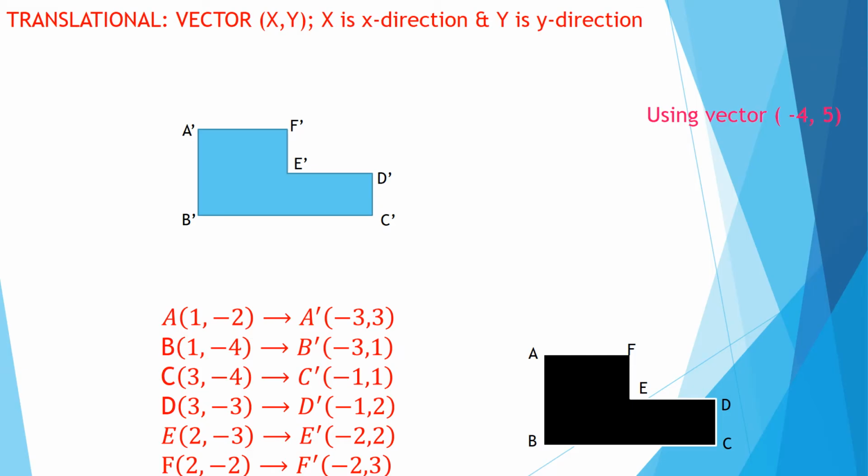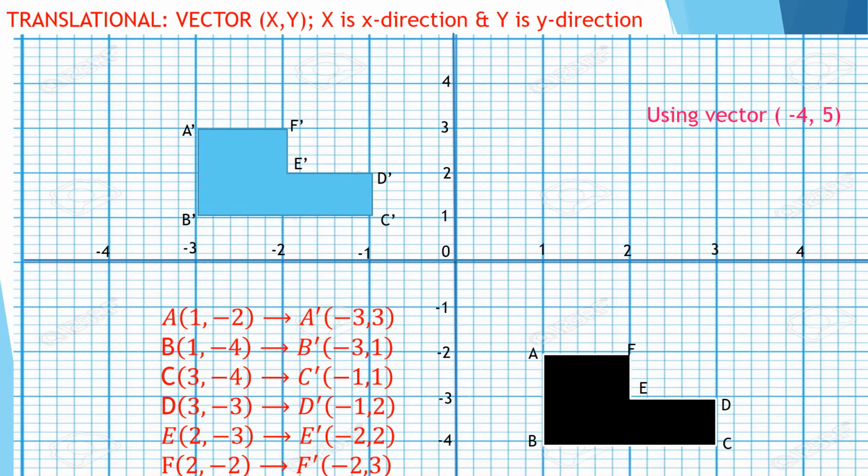Okay, here we have translation, and I have my images. So this is what we are going to do now. I want you to pay attention here, please. We are using vector minus 4, 5, and here is my object. I have a polygon A, B, C, D, E, F. So let's get the coordinates of these vertices here.